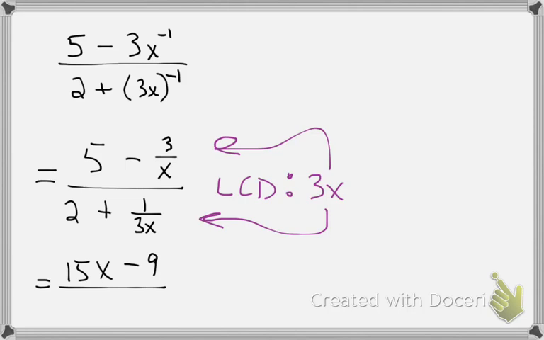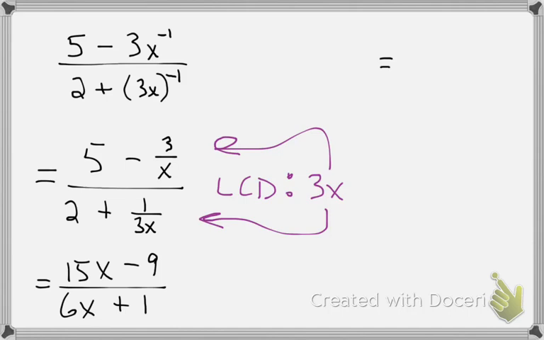So what do I write in the denominator? 6x plus 1. 3x divided by 3x is still 1. You guys see how we use the LCD?